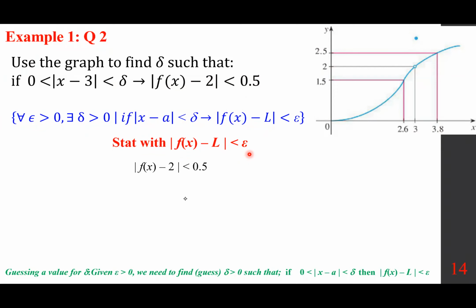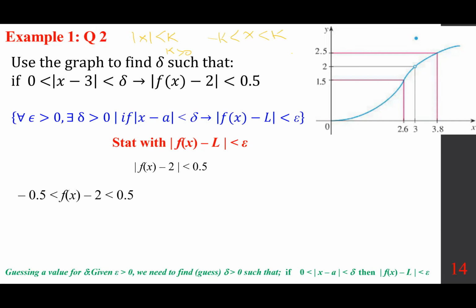And as you remember, in the case of an absolute value of x, let's say k, and assuming k is positive, then x is sandwiched between minus k and k. So I hope everybody remembers that. So we can say f of x minus 2 is sandwiched between negative 0.5 and 0.5.